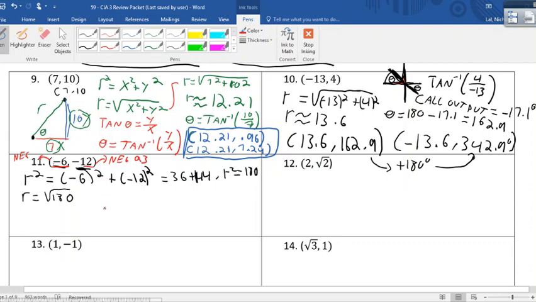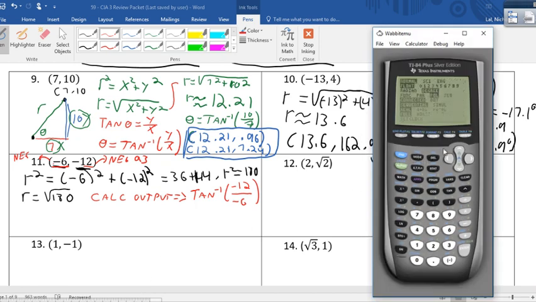All right. So our calculator output is going to be the inverse tangent of negative 12 over negative 6. So we find in radian mode the inverse tangent of negative 12 divided by negative 6.